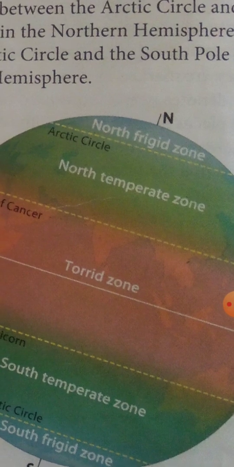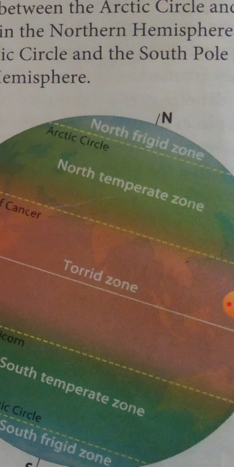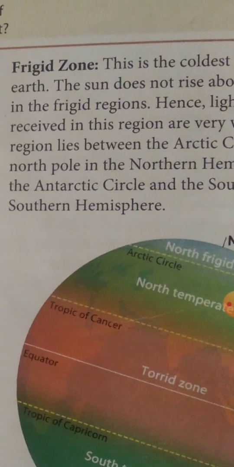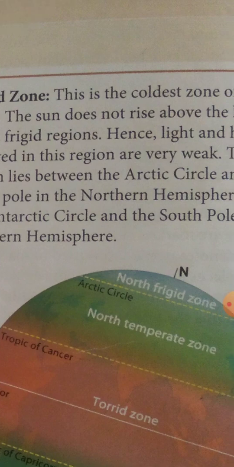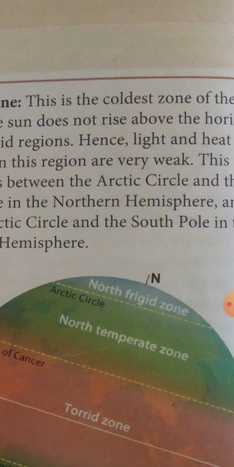The Sun does not rise above the horizon in the frigid region. तो इस क्षेत्र में सूर्य क्षितिज से ऊपर नहीं उठता है. Hence light and heat received in this region are very weak. इसलिए इस क्षेत्र में प्राप्त प्रकाश और गर्मी बहुत कमजोर है.